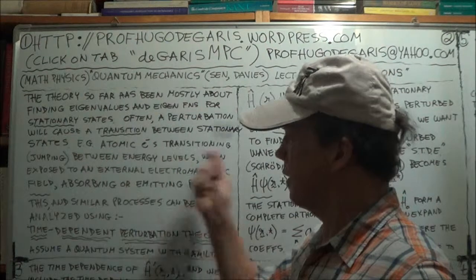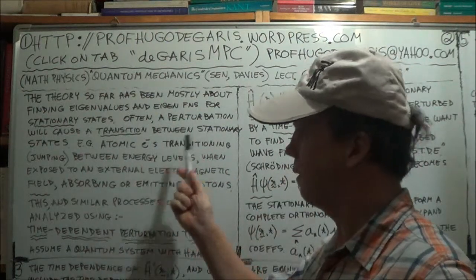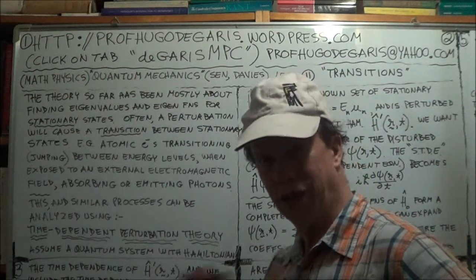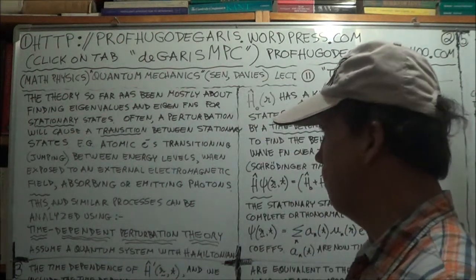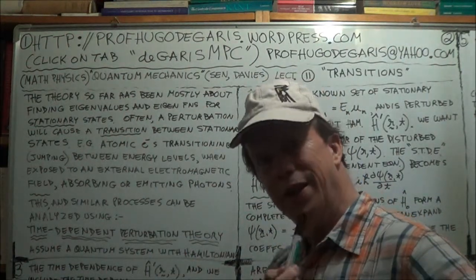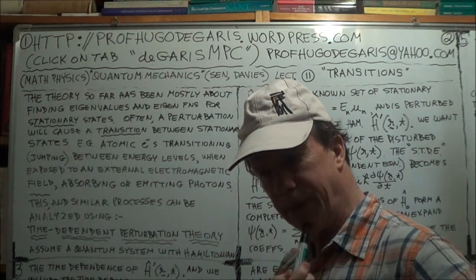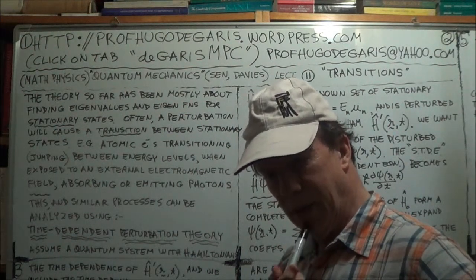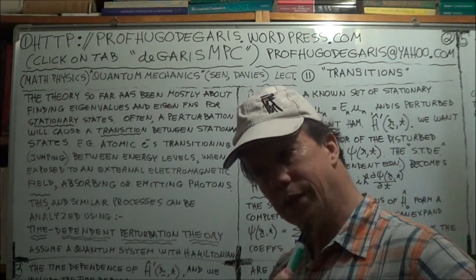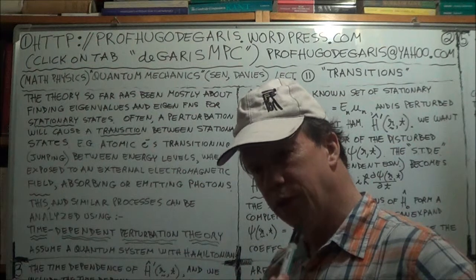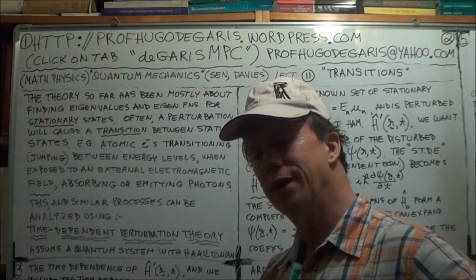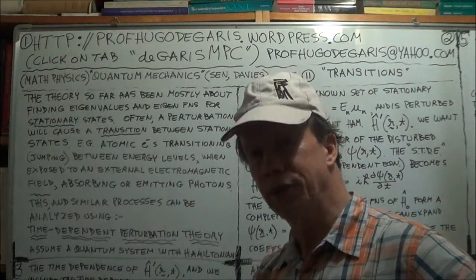So that's an example of a transition, and we'll be dealing with quite a few in this chapter. The essence, the heart of this chapter, is time dependence, and more concretely, that time dependence will take the form of a time-dependent perturbing Hamiltonian.